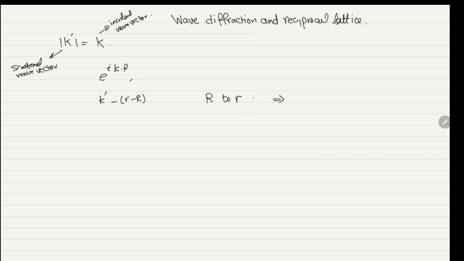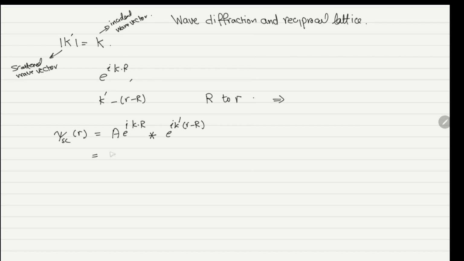In this case, the scattered wave equals a e to the i k dot R, multiplied by the phase change e to the i k prime dot (r minus capital R).